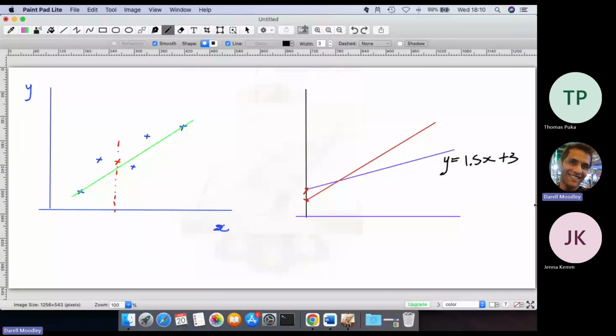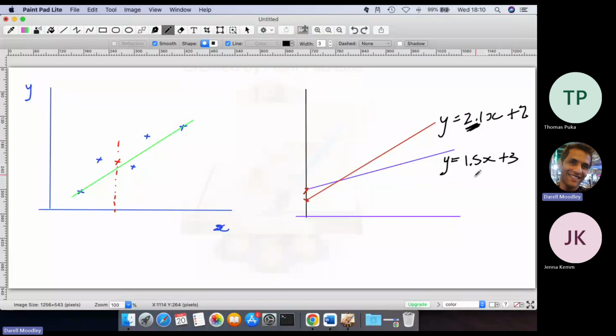And then the other line, the red line, would have an equation like this: y equals, and you can see that this line is steeper. It has a steeper slope, so the value in front of x would be greater than 1.5. We'll make up a value, 2.1x plus 2.